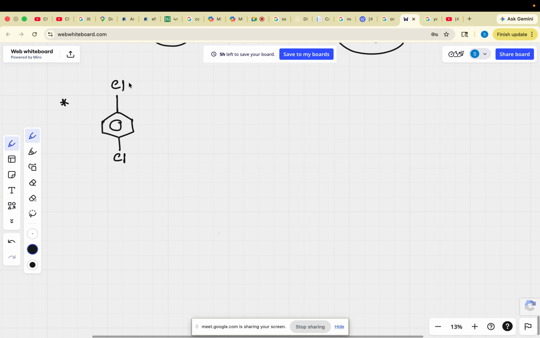Try to find out what point group you are getting for this molecule.